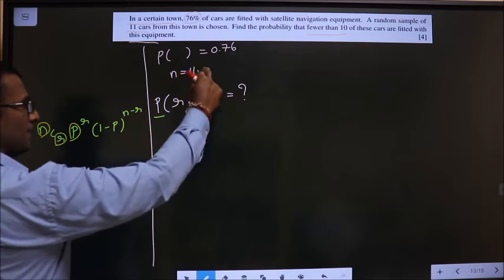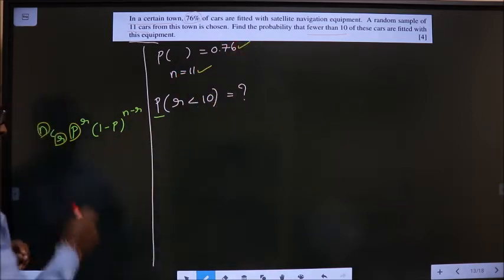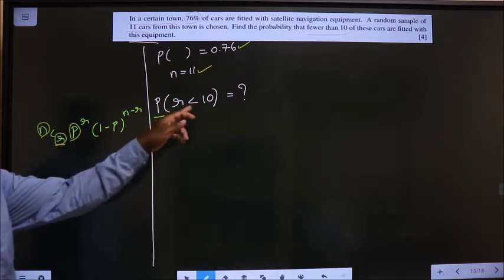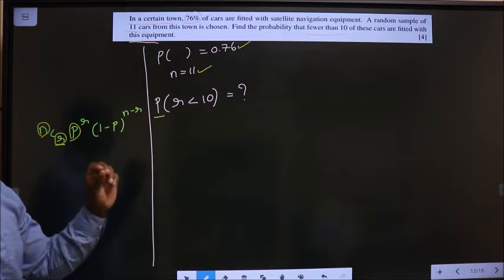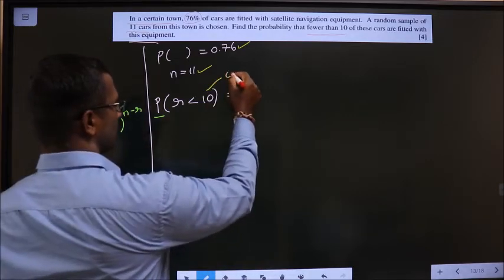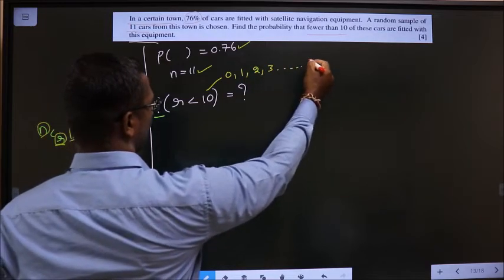So n is 11, p is 0.76. So let us decide the values for r. r is less than 10, so the values that r will take are 0, 1, 2, 3, and so on up to 9.